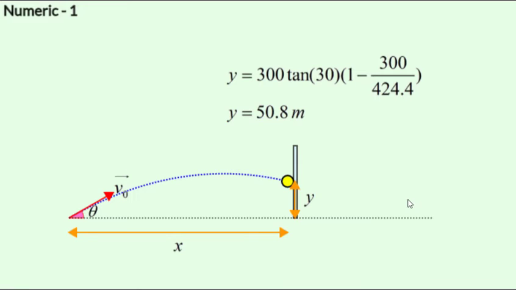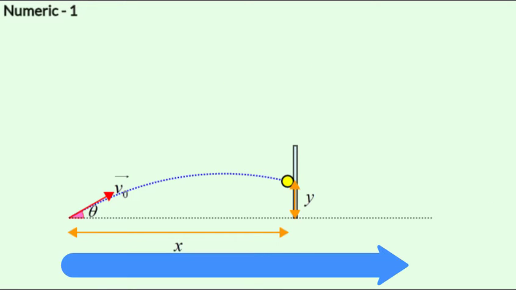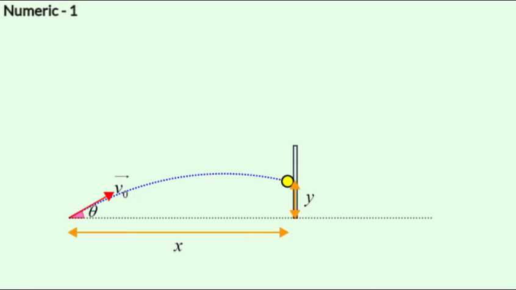Let's also try to solve this from the first principles. Or let's say that you couldn't remember the trajectory equation. Then how would you do this problem? Let's begin with the x-axis, and we are given that it covers a displacement of 300 meters.